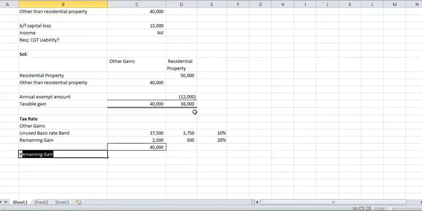What about residential gains? Because we have already consumed the basic rate band, the tax rate on the residential gains will be 28% straight away. As you all know, the tax rate on residential property is 18% instead of 10% and 28% instead of 20%.